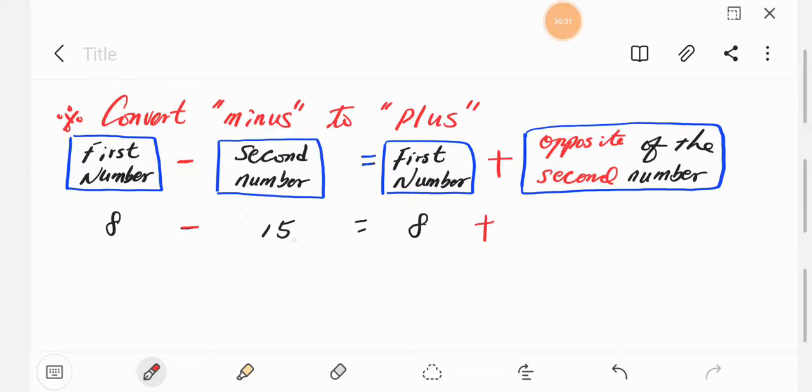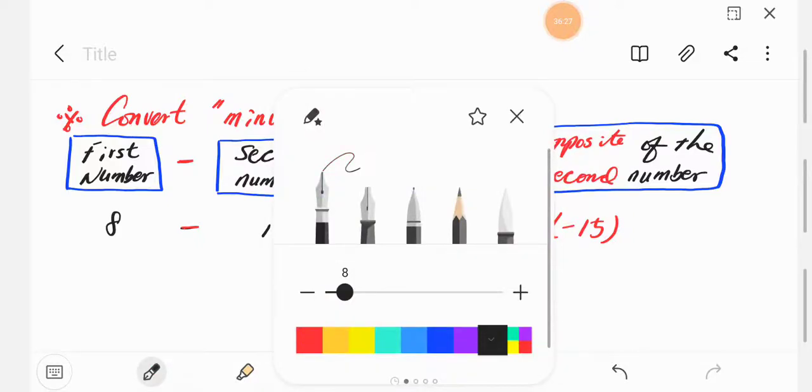The second number is 15, not minus 15. So what's the opposite of 15? The opposite of 15 is negative 15, right? So we changed this minus sign to plus sign, then this 15 becomes the opposite of 15, which is negative 15. Then the result is negative 7, right?